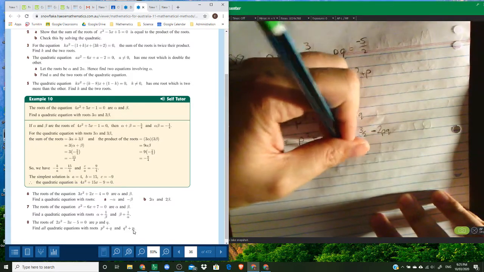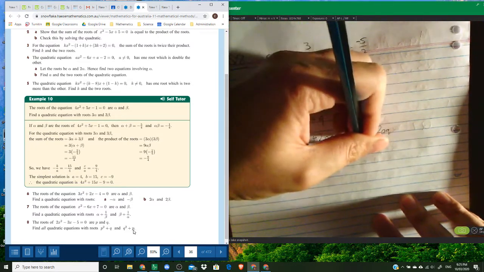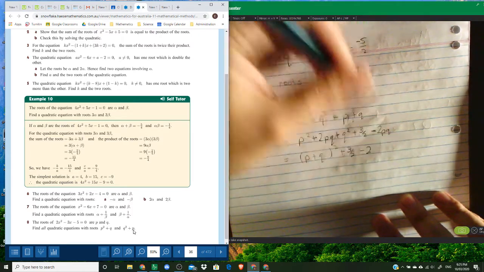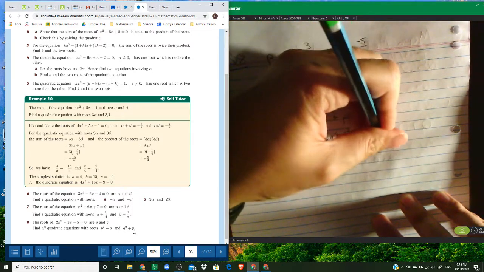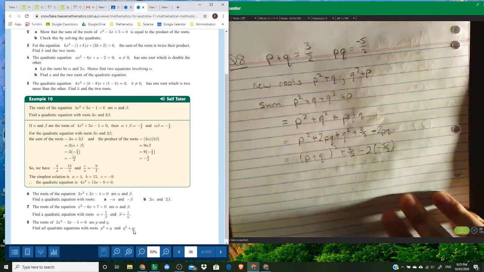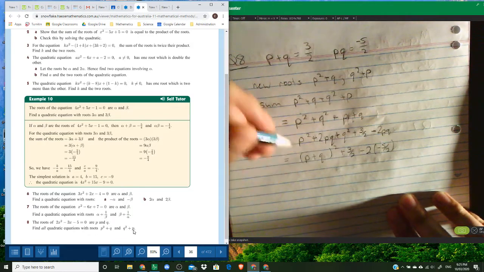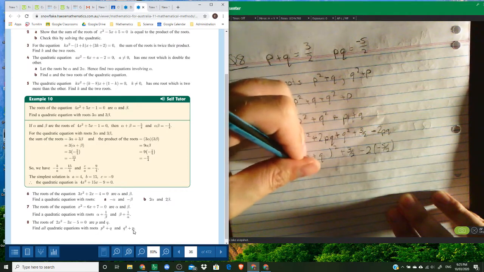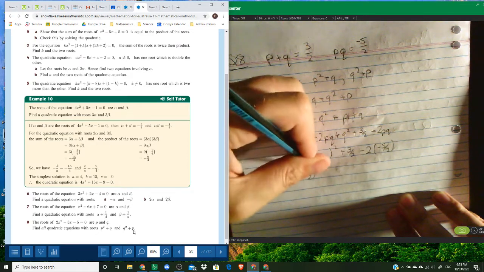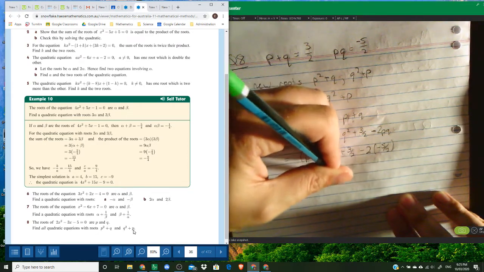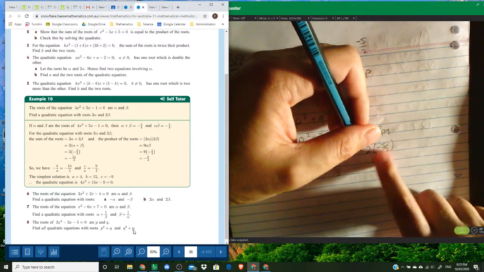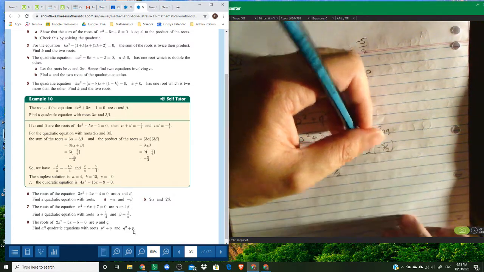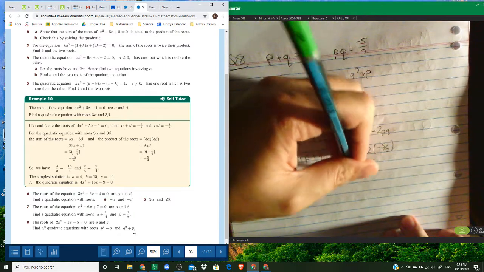We still have the plus 3 halves there, and we have the minus 2. Now that's minus 3 on 2, something like that. P plus Q is 3 halves, so 3 halves squared plus 3 halves, minus 2 times minus 5 on 2 is 5.